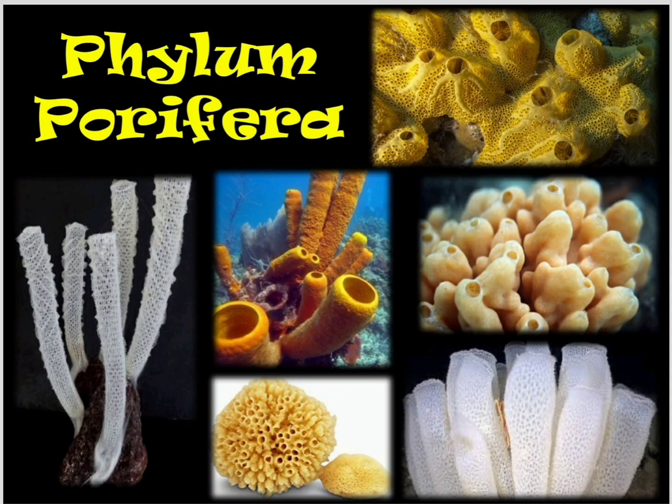The last one, Euplectella. Okay, so please remember that you have to study these names by heart. It might not be easy to pronounce it, but you have to at least learn the spelling so that you can easily write it during your exams.